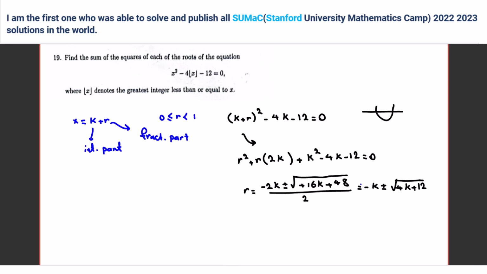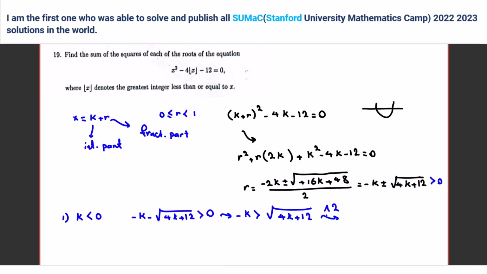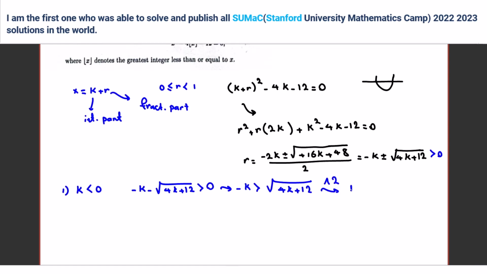If k is negative, then consider minus. So let's consider if k is negative, negative k minus this should be positive, right? Yeah. So negative k should be this, right? Negative k is positive, so we can raise both sides to the power of 2, right?